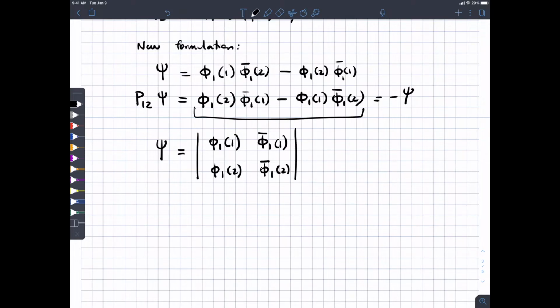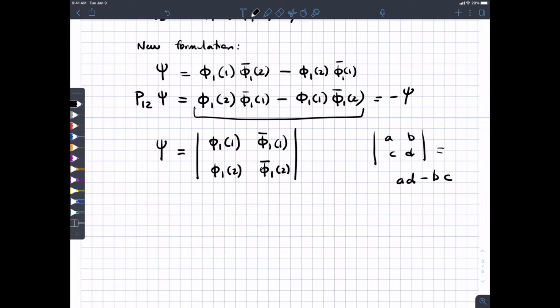Have you ever done a 2x2 determinant before? Maybe you've done a 3x3 by hand. Nobody does that anymore. You just ask the computer to do it. Nevertheless, if you write the wave function like this, that is equal to the way I've written it above. Because, of course, if you have a determinant like this, that equals A times D minus B times C, right?